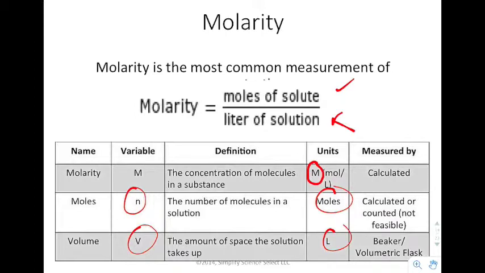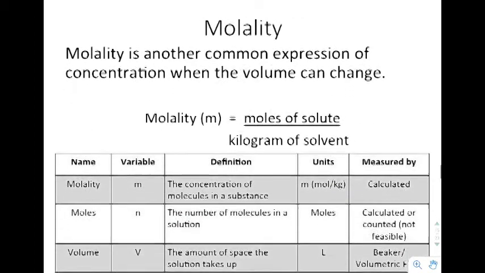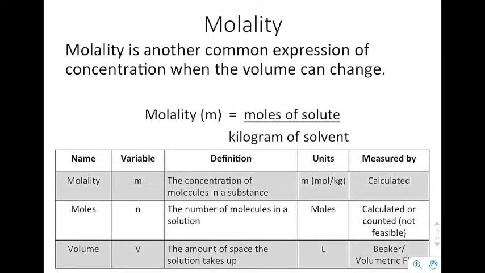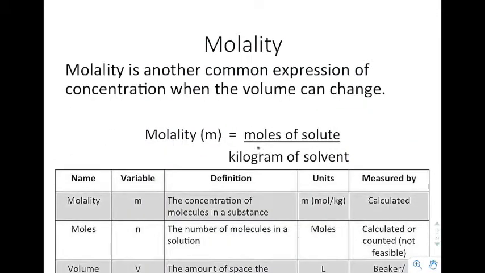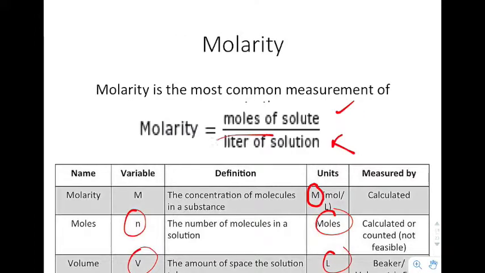Now, molarity is not the only value for concentration. In fact, there are several other values for concentration, including molality, which is a common expression for concentration. Molality is very, very similar to molarity. Whenever you look at molarity and molality, the only difference is kilograms of solvent as opposed to liters of solution.